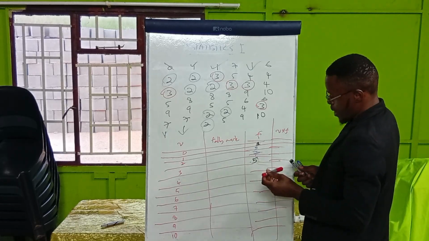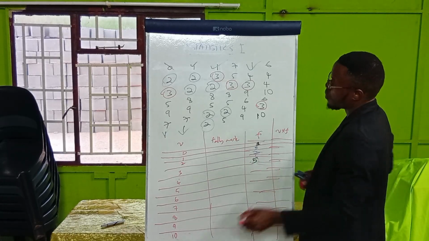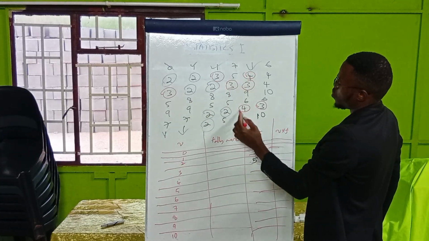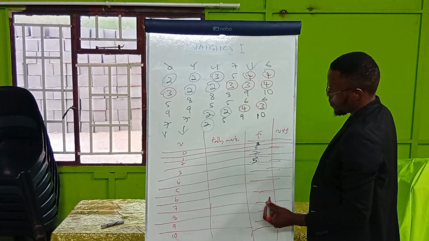And then how many 4s? Another 4 here, we have 4 here. 1, 2, 3, 4.